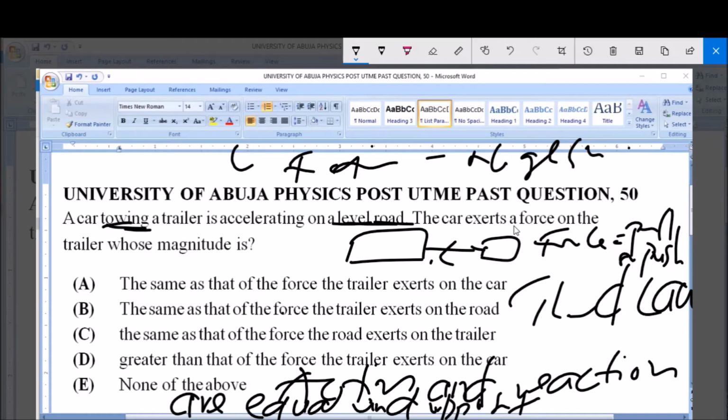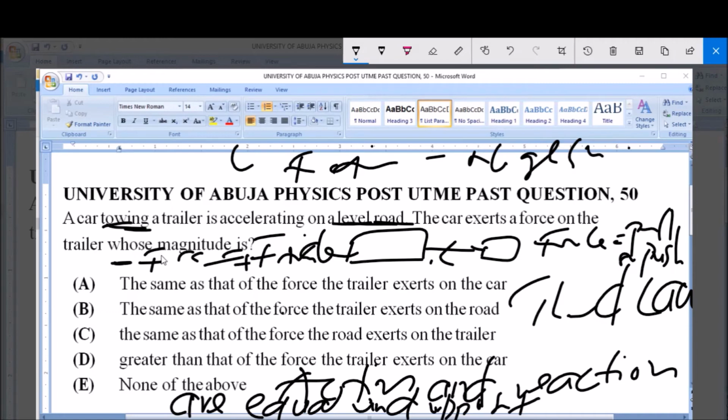The force exerted by the trailer on the car is the same as the force the car exerts on the trailer, vice versa. Now it means F of car equals to what? F of trailer. But then their magnitude are the same, but the direction is different.